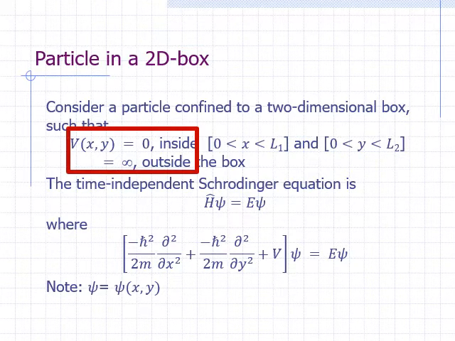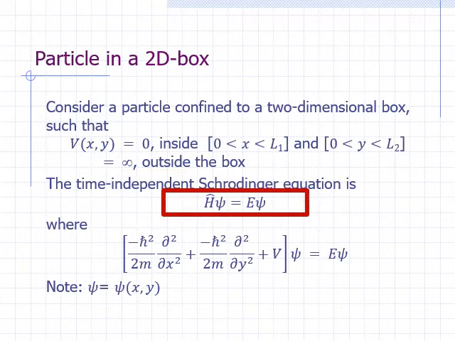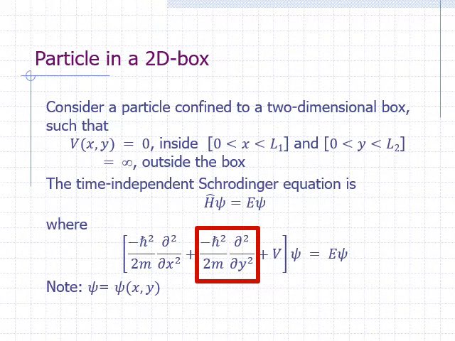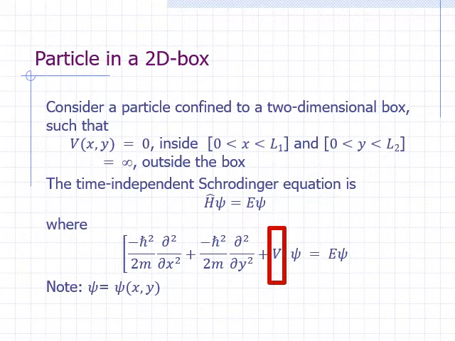infinite outside. In this case, the time-independent Schrödinger equation is H hat psi equals E times psi, where the Hamiltonian operator consists of a kinetic energy operator to account for motion along the x-axis, negative h bar squared over 2m times the second partial derivative with respect to x, and a kinetic energy operator to account for motion along the y-axis, negative h bar squared over 2m times the second partial derivative with respect to y, and a potential energy operator, which we don't need to write here if we define it to be 0.